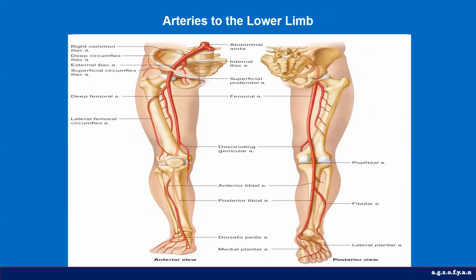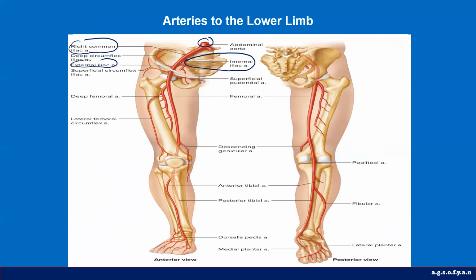Okay, so again, the common iliac artery, this is going to be on the right side. It is branching from the abdominal aorta, and will branch into the external iliac arteries and the internal iliac arteries.